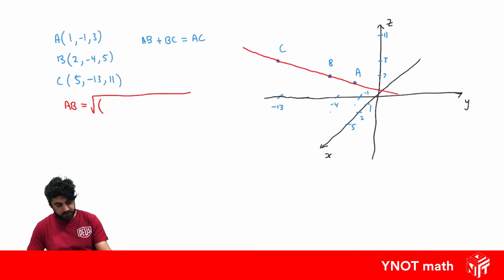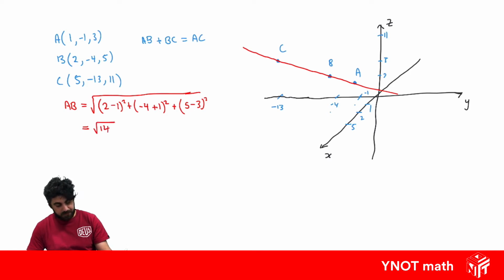We use point B's coordinates for x2, so it'll be 2 minus 1 all squared plus -4 minus -1, so +1 squared, plus z2 minus z1, so we'll get 5 minus 3 squared. And if we simplify all this, we'll get root 14.